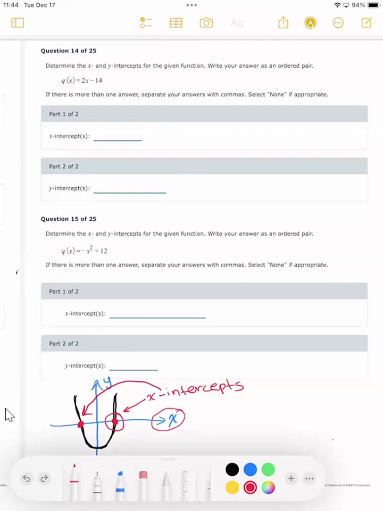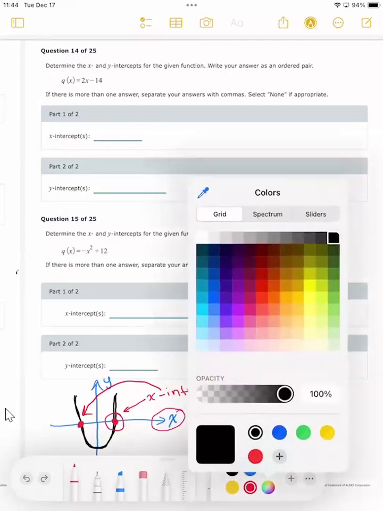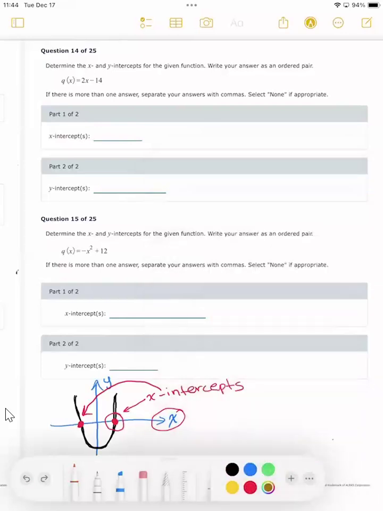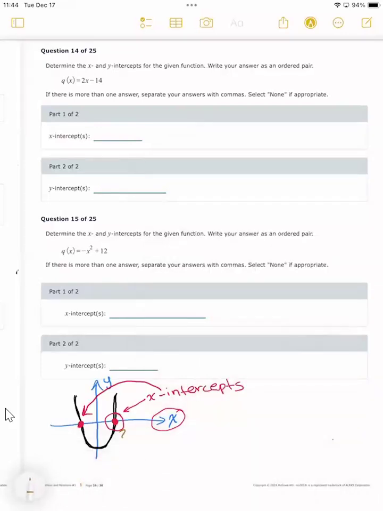So suppose this point is +2 here. X is +2, and suppose this is -1 here. So if you want to say the coordinates of this point, you say x is 2 and y is 0.